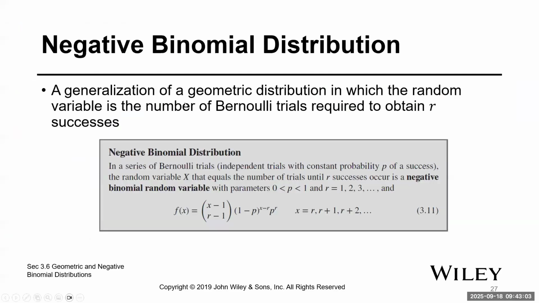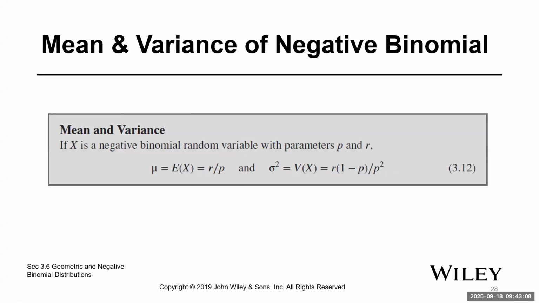So we have the f of x for this, and the derived expected value and variance are r over p and r times 1 minus p. So number of trials times the probability of failure divided by that p squared. This looks exactly like your geometric, but the geometric was 1 over p, right?